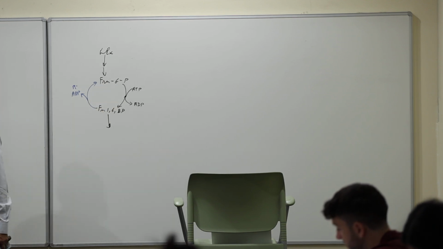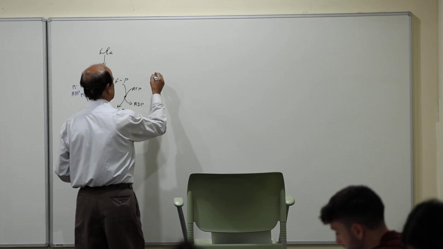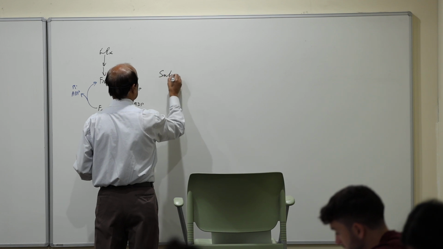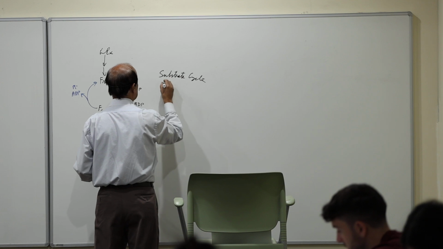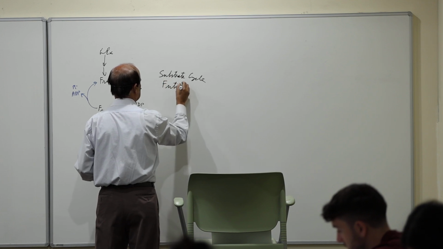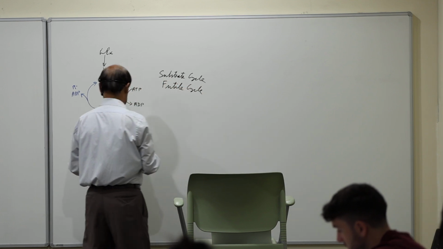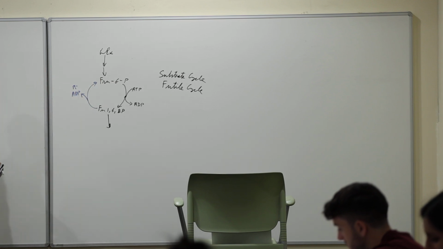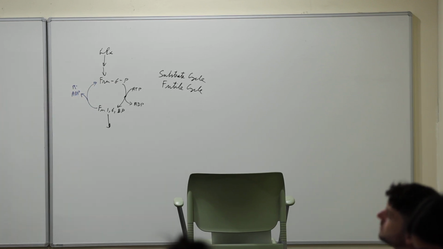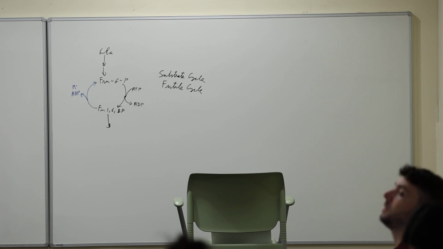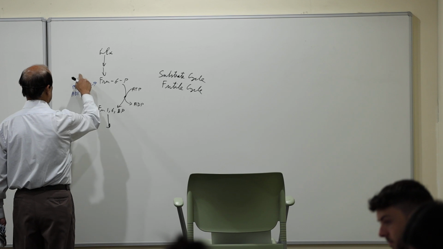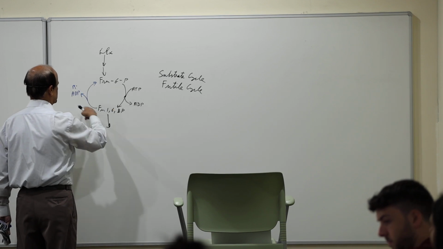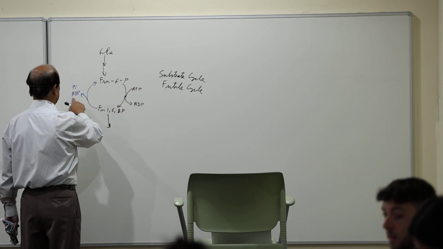And that is called the substrate cycle or a futile cycle. The net result of any cyclic pathway, there will always be some net result, and in this case it will be hydrolysis of ATP. So ATP is added and then phosphate is removed, so you are basically converting ATP to ADP and phosphate.